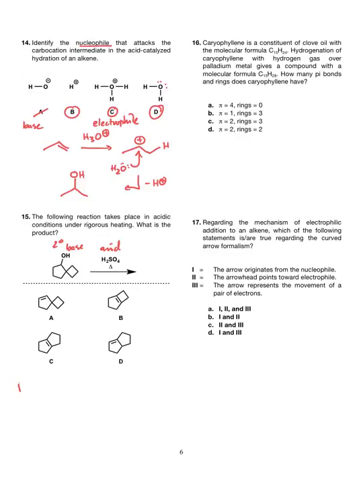So let's go ahead and do this mechanism. So we have a 5-membered ring, we have a 4-membered ring. We've protonated the OH through an acid-base reaction. We then ionize. So this is the slow step.